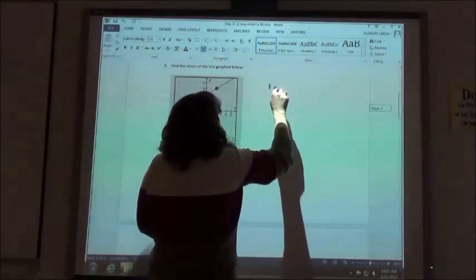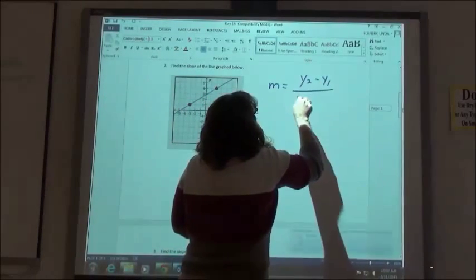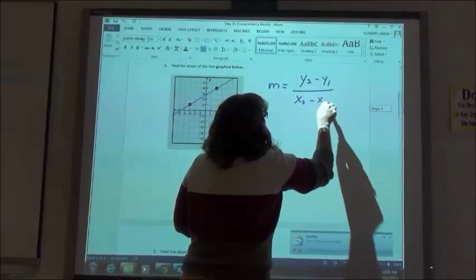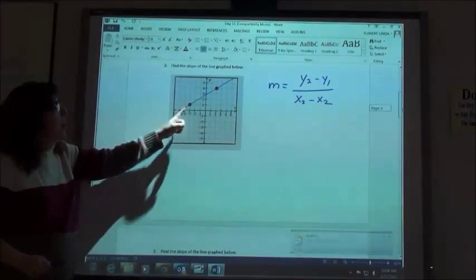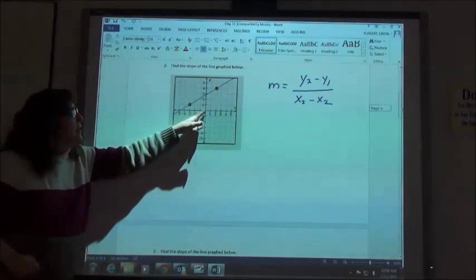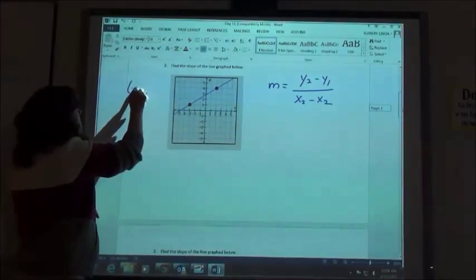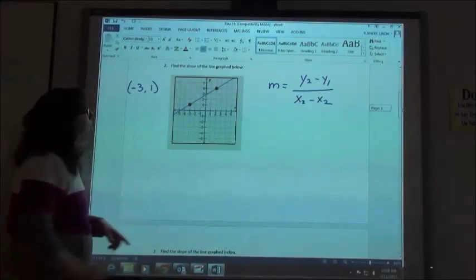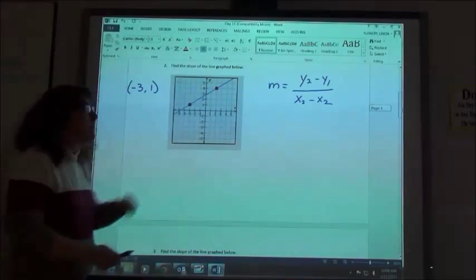So number 2 here, if I'm going to find the slope, the change in y over the change in x. So again, I'm going to look up the points here on the graph. This first point is at -3, +1. The point on the right is at positive 2, positive 4. So 2, 4.